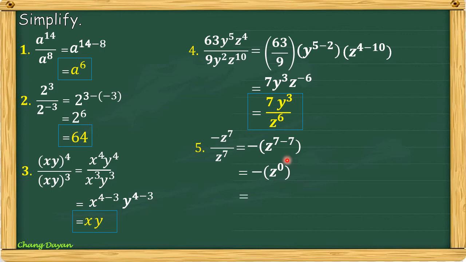Next, equals negative, 7 minus 7 is equal to 0. So, therefore, we have here negative multiplied by z raised to 0. And remember, z raised to 0 is equal to 1. So, we'll have here negative times positive 1. We'll have negative 1.